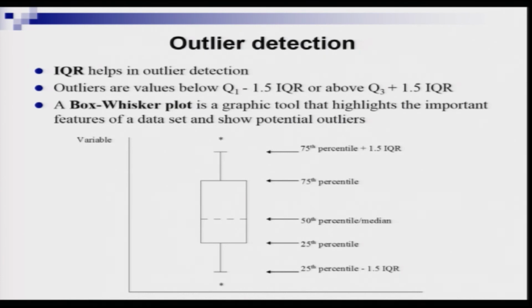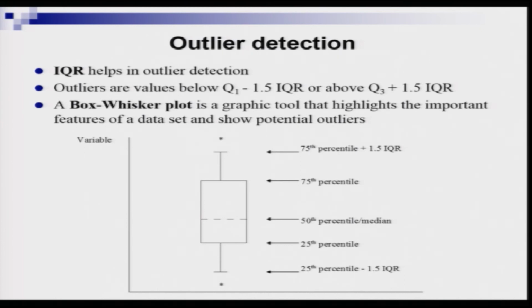If you look at the upper half, above that rectangular box, the line parallel to the x axis denotes the upper limit of this outlier detection formula, which is the 75th percentile or Q3 plus 1.5 times IQR, and the line parallel to the x axis below the rectangular box gives me the lower limit, which is Q1 or 25th percentile minus 1.5 times IQR.